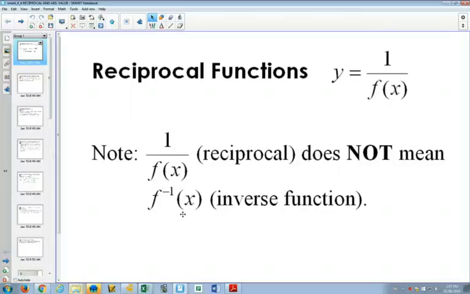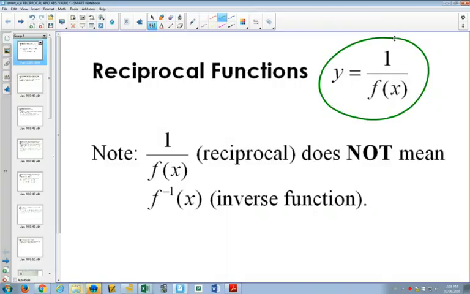So our reciprocal graphs, you can summarize the entire thing in one short idea. All that's happening when you have a 1 over f of x graph is that your y coordinate changes from being y to 1 over y.